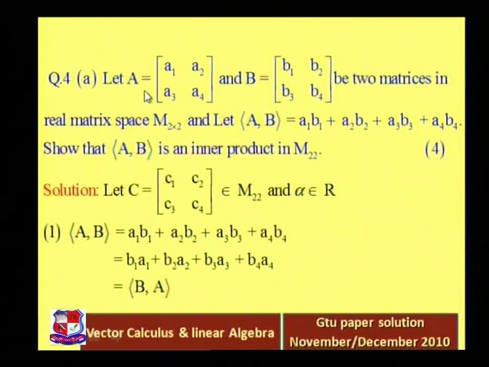Let capital A be the 2 cross 2 matrix A1, A2, A3, A4, and capital B be B1, B2, B3, B4, two matrices in the real matrix space M 2 cross 2, and let the inner product AB be equal to A1 B1 plus A2 B2 plus A3 B3 plus A4 B4.